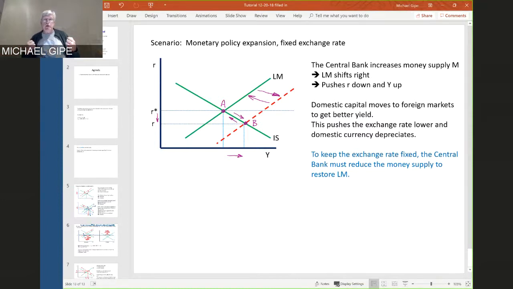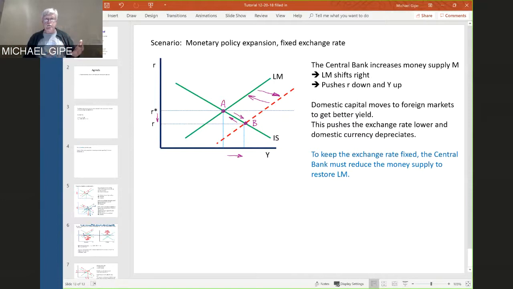And then as we see perturbations to our economy, things like changing money supply or changes in taxes or changing the productivity of the economy or something like that, oil price changes, some kind of shock, the ISLM model allows us to understand how things are going to be impacted and, most importantly, what you can do, particularly what the central bank can do, or fiscal policy from the government can do, in order to bring things back or try to bring things back to normal long-term status.